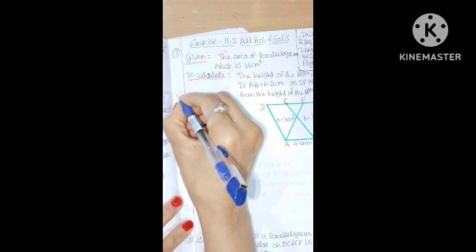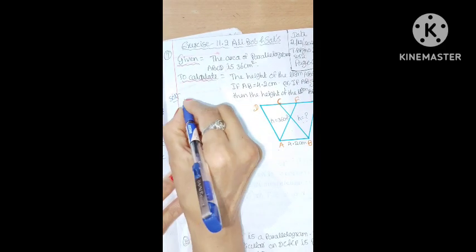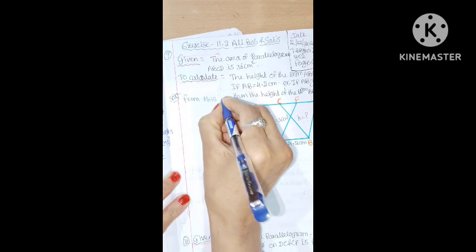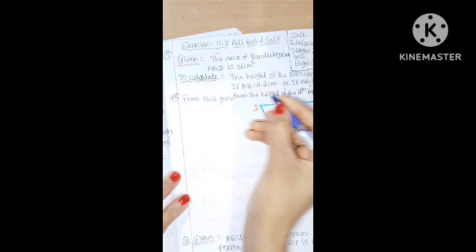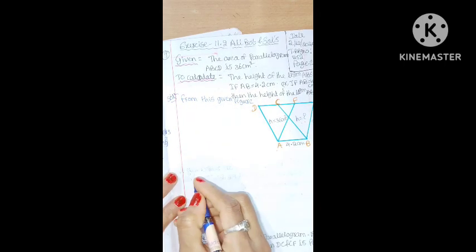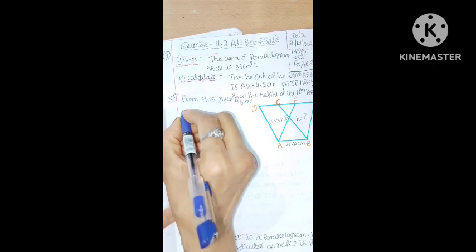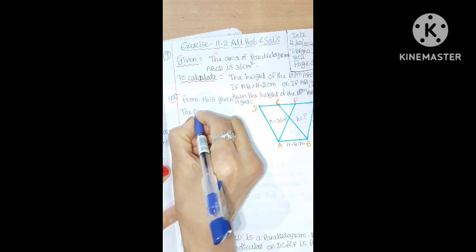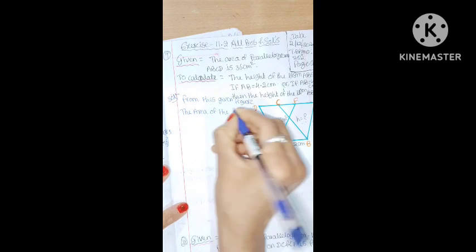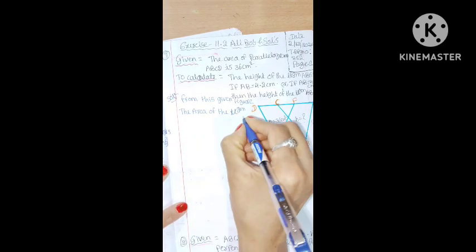Let us do the solution for this problem. From this figure, what is given? The area of the parallelogram ABCD is given. What is ABCD?